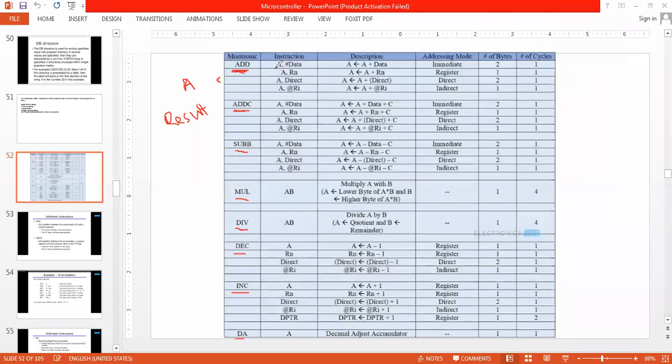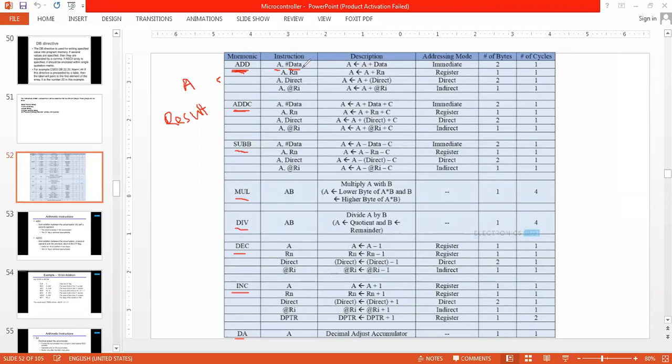And what are those numbers? The content of the A register along with the hash data. The data is the immediate value provided by the user, the developer, at that instant of time.